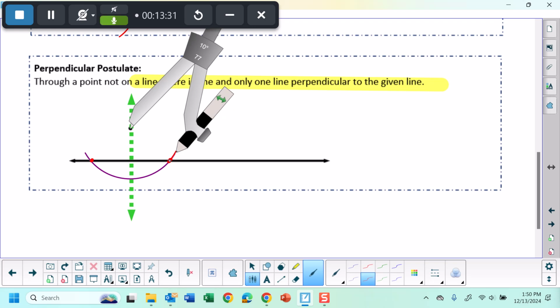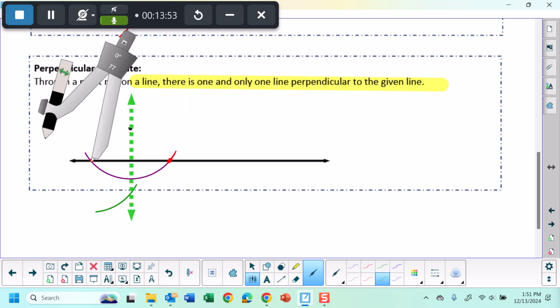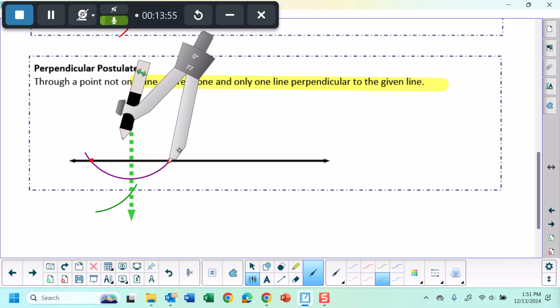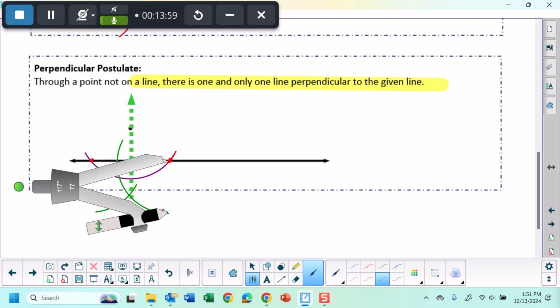So I don't have a segment, but I created one thanks to the perpendicular bisector theorem. I can go ahead and take my sharp and draw an arc under the line, switch it around, put my sharp on the other vertex, and draw an arc under the line.